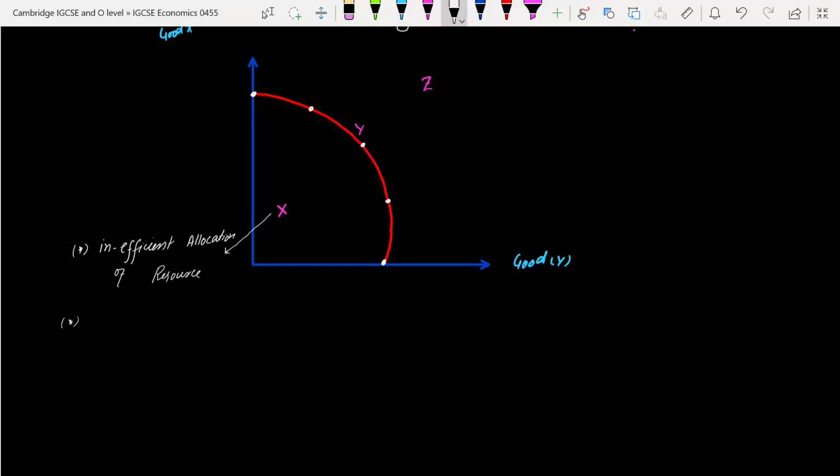Second, there can be unemployment also. So that's why we are not producing as many units as we have resources. Unemployment conditions. On the other hand, the point Y shows that all resources were allocated efficiently with full employment.